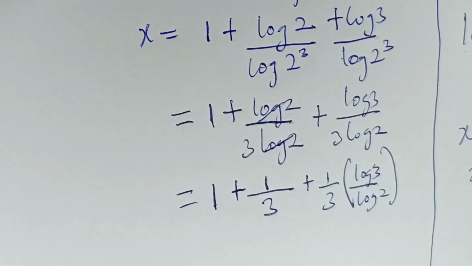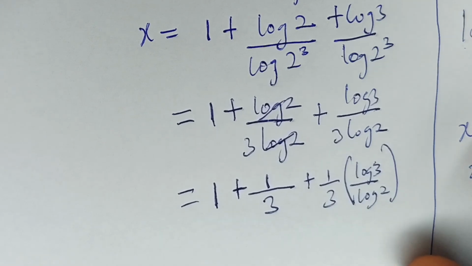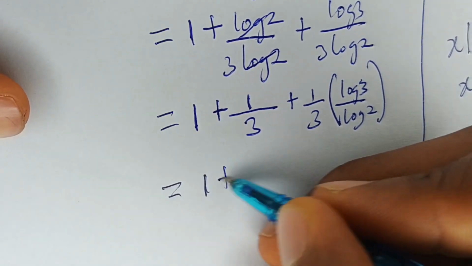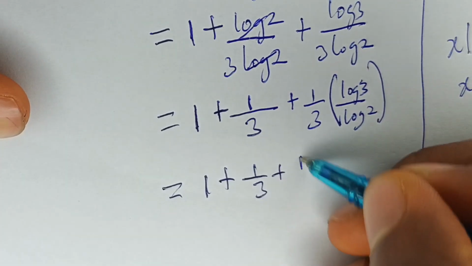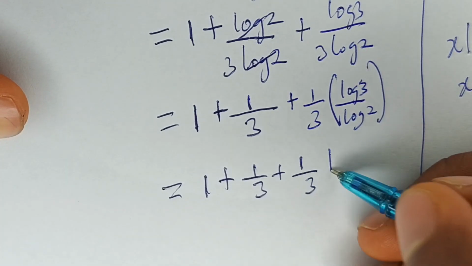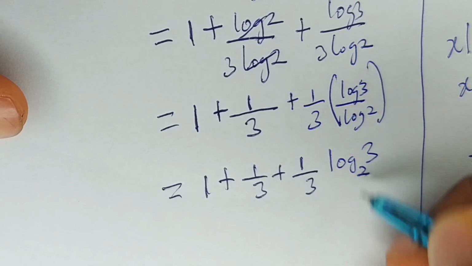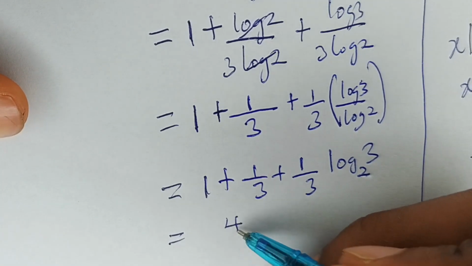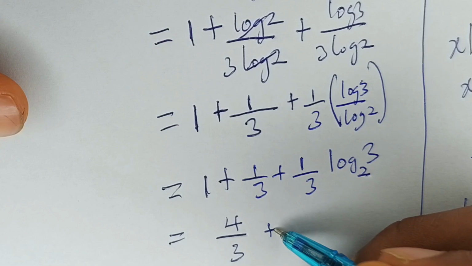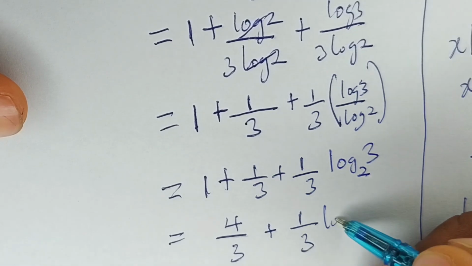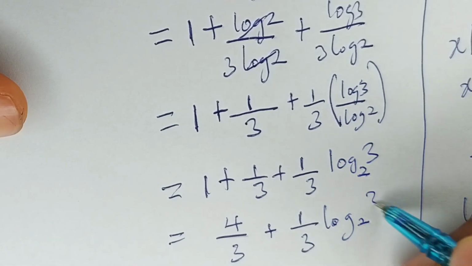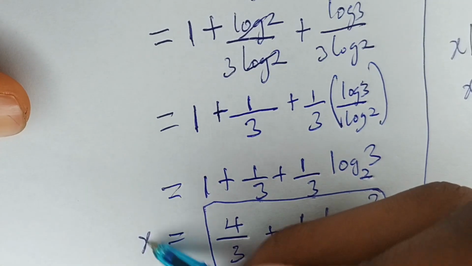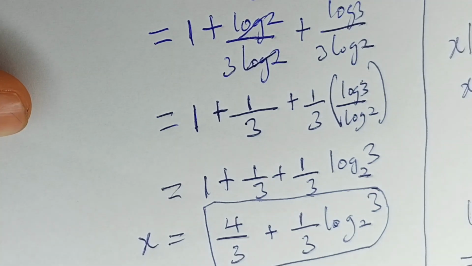Okay, now we can choose to rewrite this as 1 plus 1 over 3 plus 1 over 3 times log of 3 in base 2. Okay, now joining this together, we have 4 over 3 plus 1 over 3 times log of 3 in base 2. Okay, so this is the final simplified answer for x.